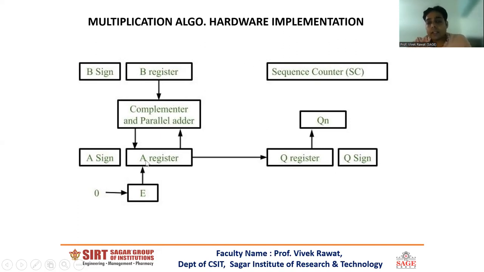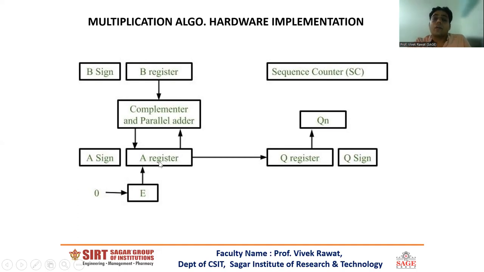What is the A register? A register is called the accumulator register. We all know that in any calculation in the ALU, the process works only in the accumulator. Suppose we want to add two numbers, one saved in the B register and one in the Q register; the whole process will work in the A register.